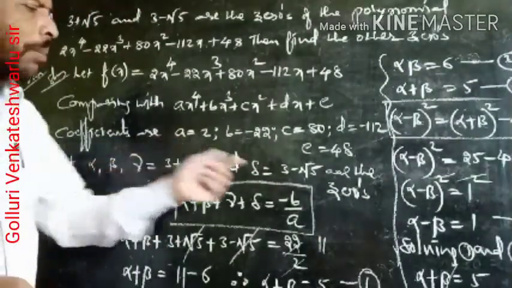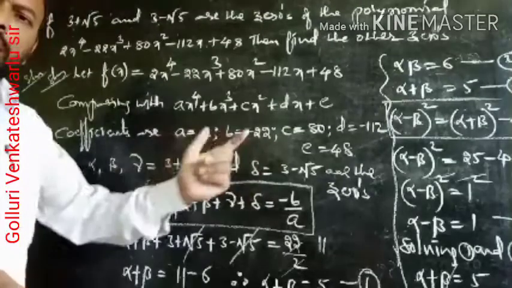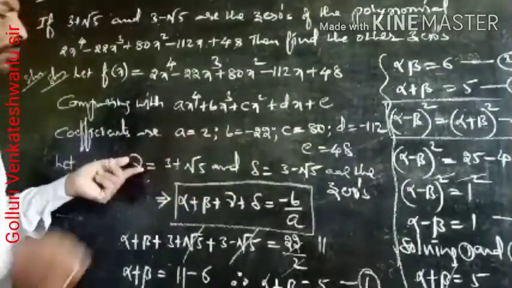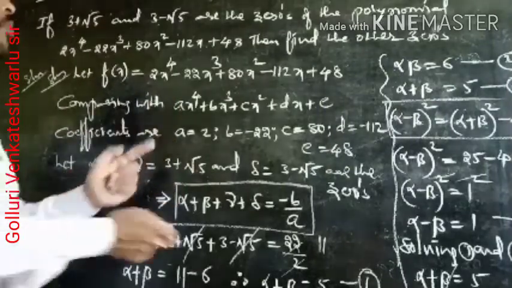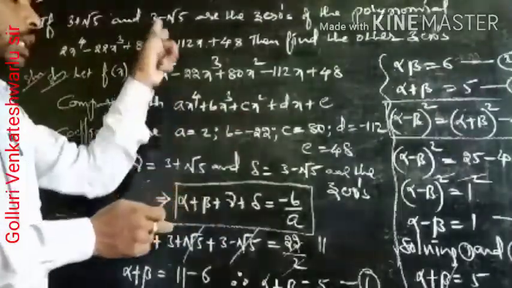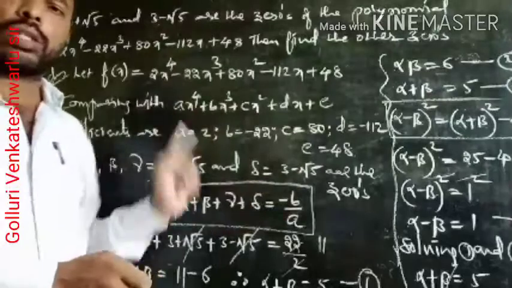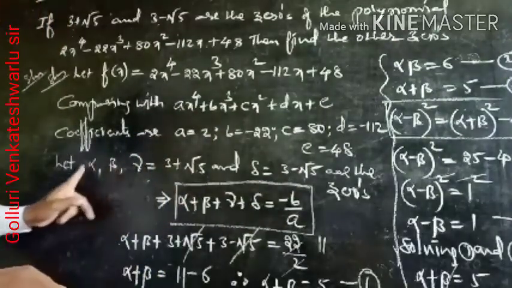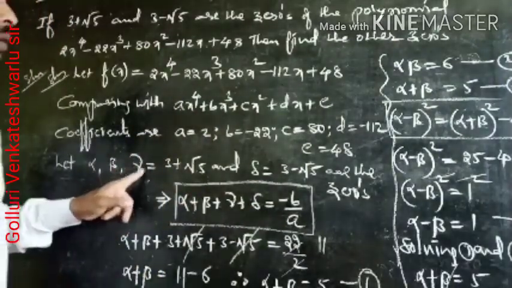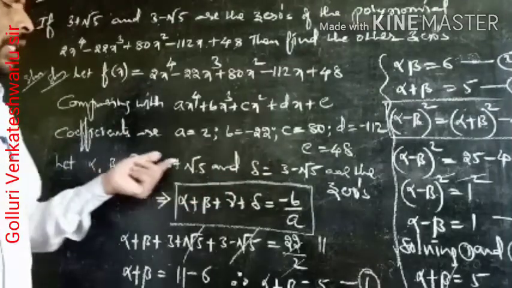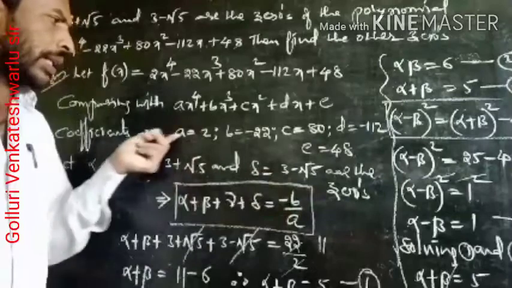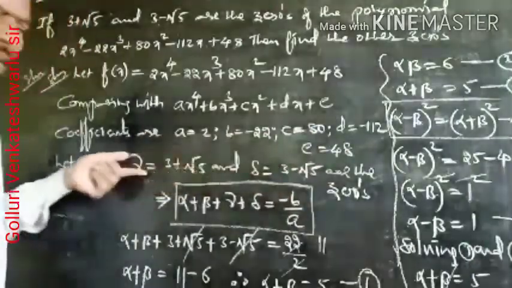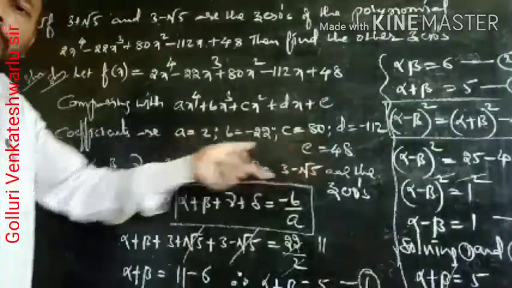Out of the 4 zeros, one zero is given as gamma, the value 3 plus root 5, and another zero delta is taken as 3 minus root 5. Alpha and beta are the unknown zeros and these are the known zeros. Here the coefficients are given, and the zeros are given.